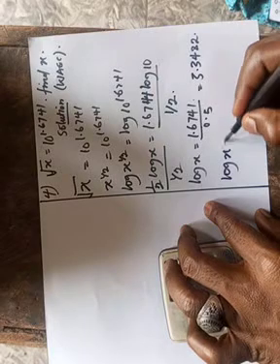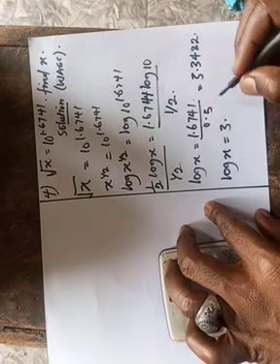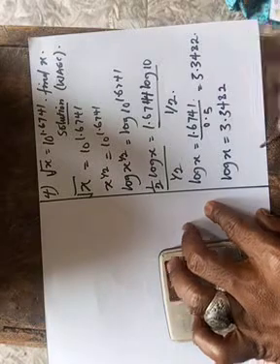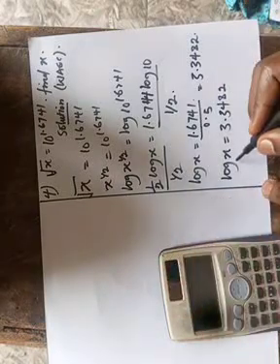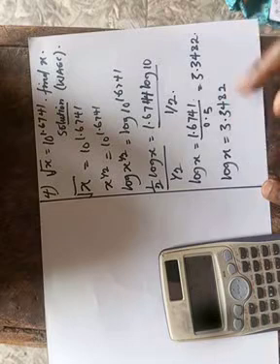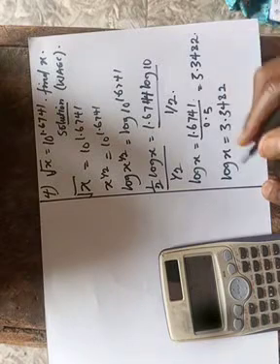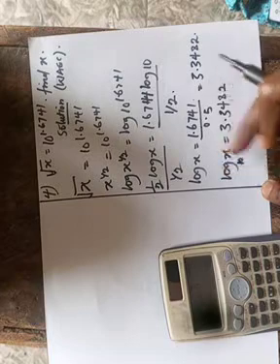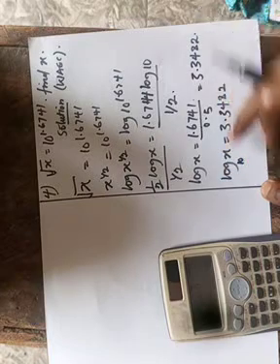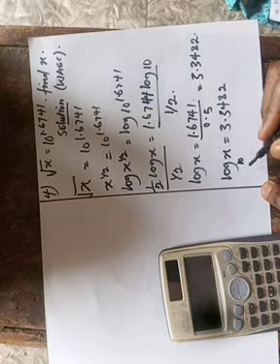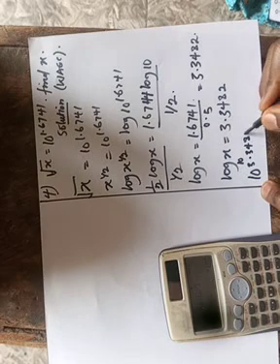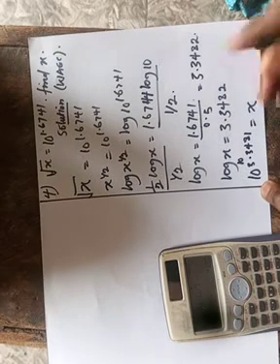So log x equals 3.3482. So in law of logarithm, we can reverse this logarithm to indices. So this one is the same thing as log x base 10. So 10 can take this as power, then equals x. So we'll say 10 raised to power 3.3482 equals x.